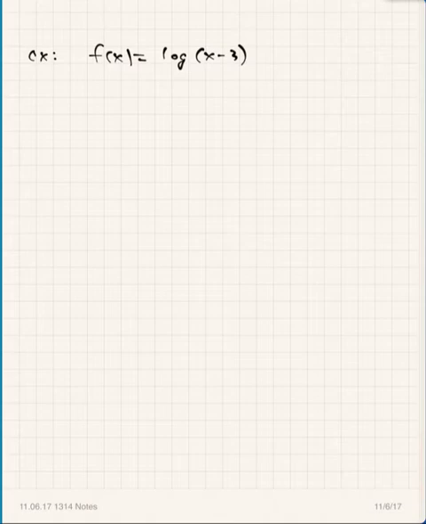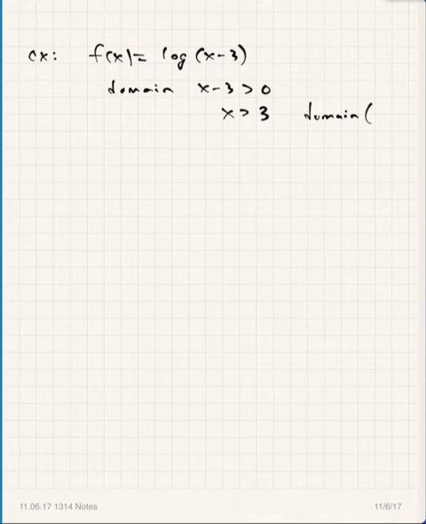So we're taking the log of x minus 3 here. What do we see for the domain for this function? That x minus 3, what we're taking the log of, has got to be positive. It can't be negative or 0. And so you get that x has got to be greater than 3 is our domain. So the domain for this function is from 3, open parenthesis around the 3, to infinity. All right, that would be the domain for log of x minus 3.